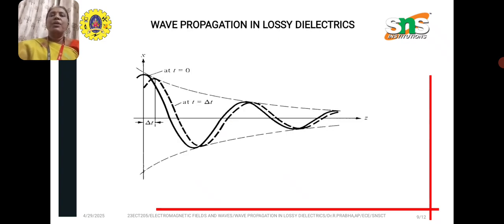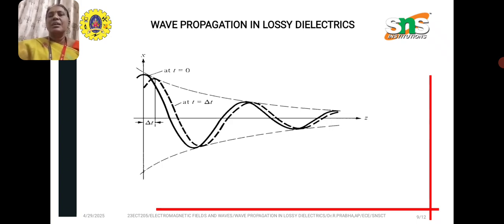Now we move on to how the wave is propagating through a lossy dielectric. The diagram explains the wave propagation characteristics of an electromagnetic wave traveling through a lossy dielectric. If we observe the graph, the wave amplitude decreases along the z-axis.